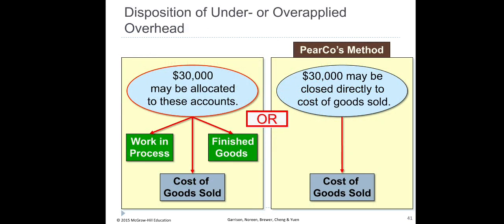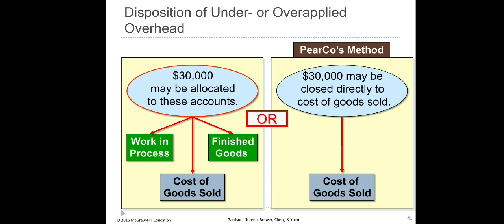Okay, now after you have calculated the amount of over or underapplied, you have to know how to settle the difference. There are two methods that can be used to settle the difference.